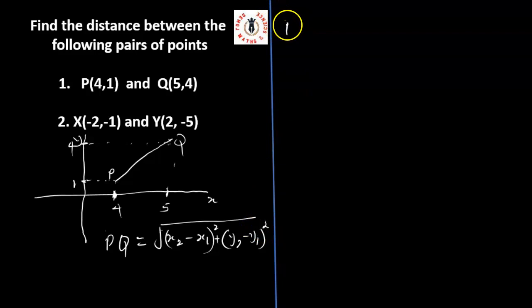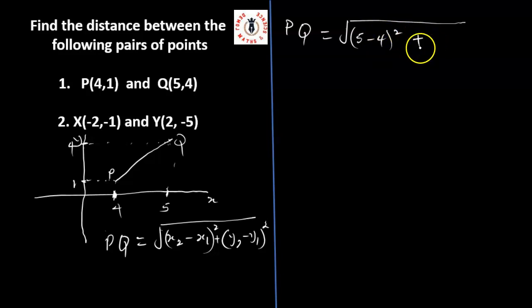So my PQ will become the square root of, my x2 in this case is 5, so 5 minus 4 all squared, plus my y2, which is 4, minus 1 all squared.